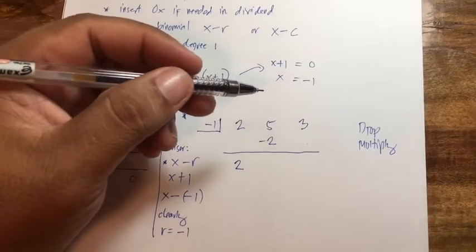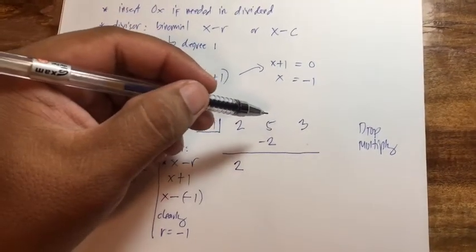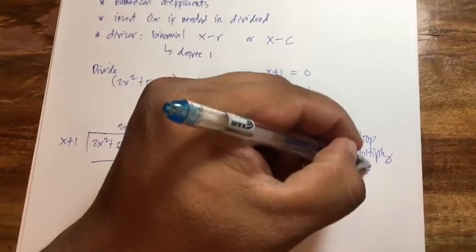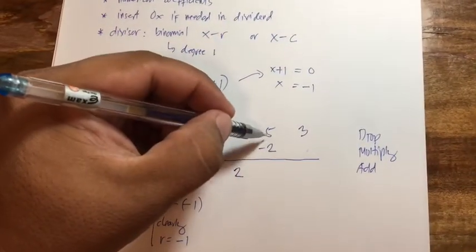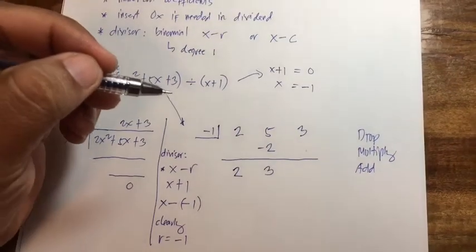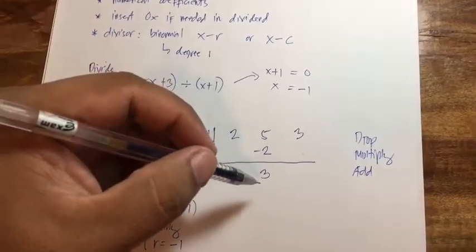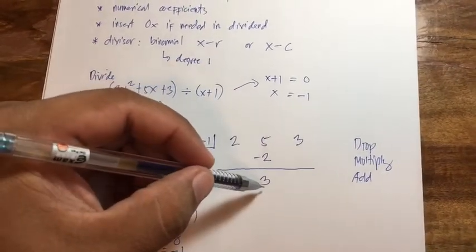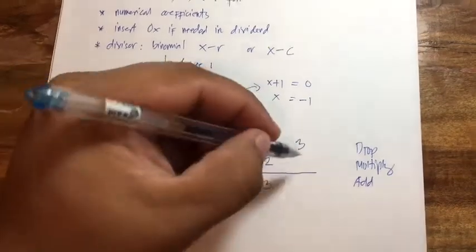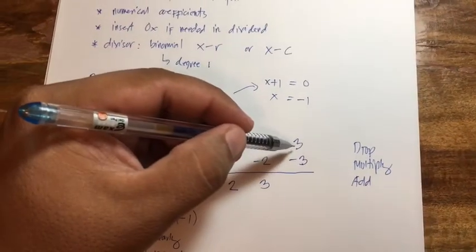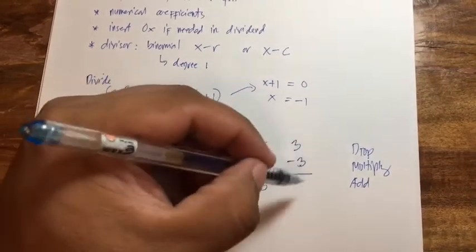After that, the third operation is we add: 5 plus negative 2 is 3. Then we repeat the procedure. 3 times negative 1 is negative 3. Then we add: 3 plus negative 3 is 0.